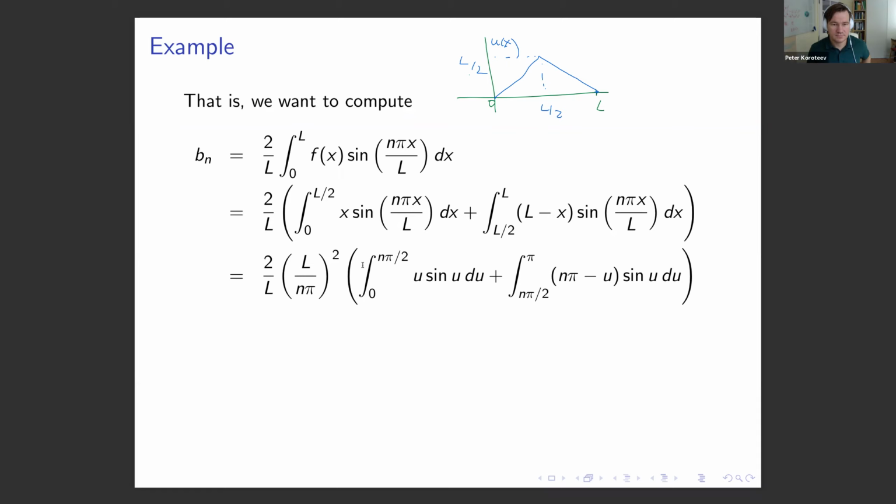After a change of variable, we get L over n pi squared as a factor in front, and then the integral from 0 to n pi over 2 of u sine u du, plus the integral from n pi over 2 to n pi of n pi minus u, times sine u du.